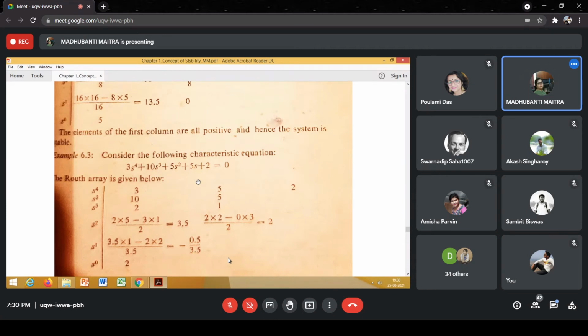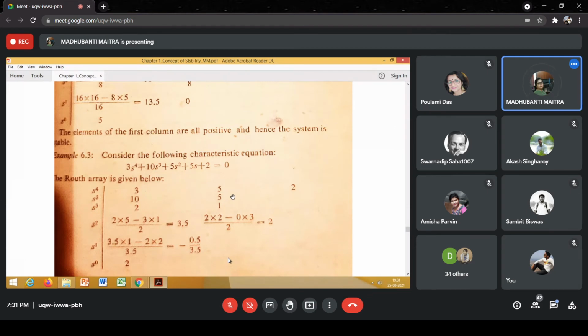Yes, ma'am. Now see that while solving this particular problem, the authors have written down another row that corresponds to s cube, and the elements are 2 and 1. Why? For ease of computation, to simplify the computation, we can divide all the terms of a row by a common factor.